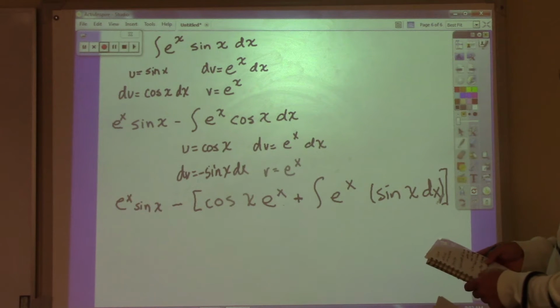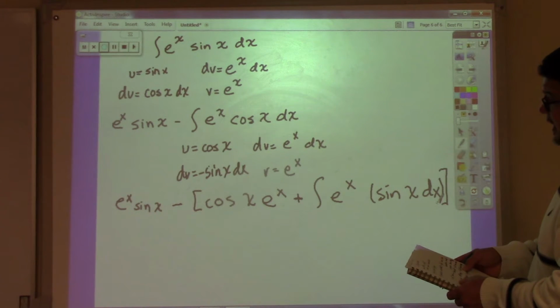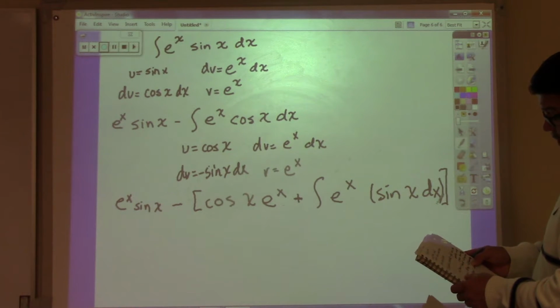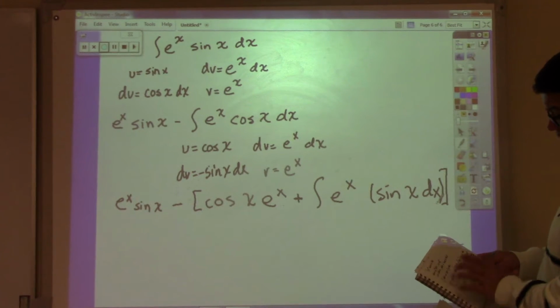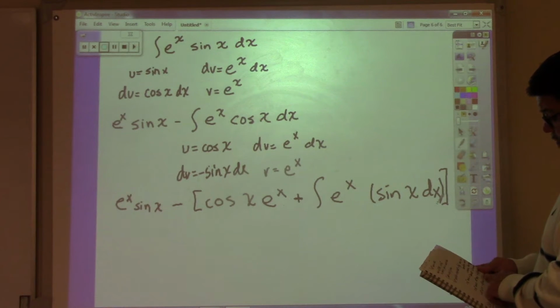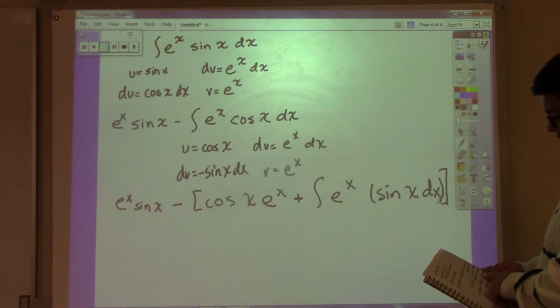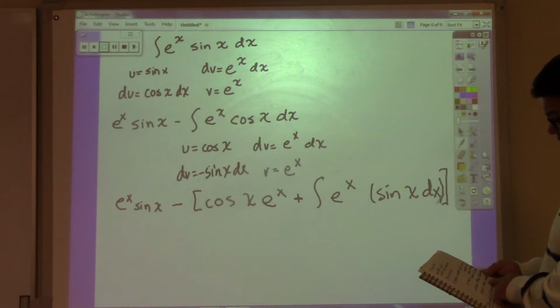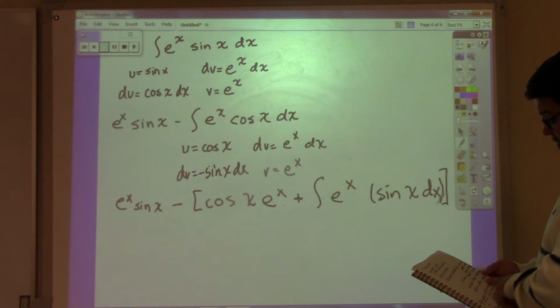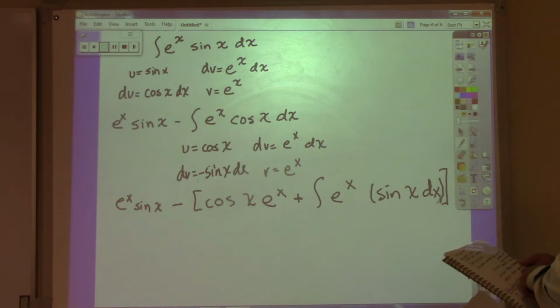That looks a little bit better. So you should have e to the x sine of x minus cosine x e to the x. And that minus comes out and makes that a plus, but I don't see it coming out. Why isn't it coming out? I didn't take it out on here, but it should.